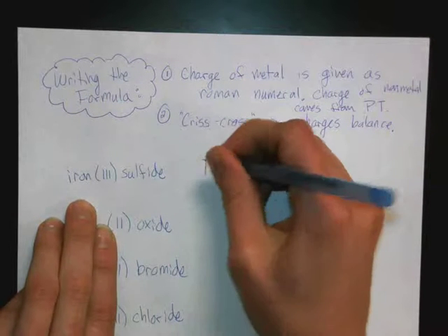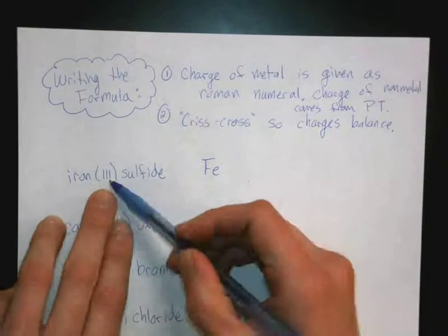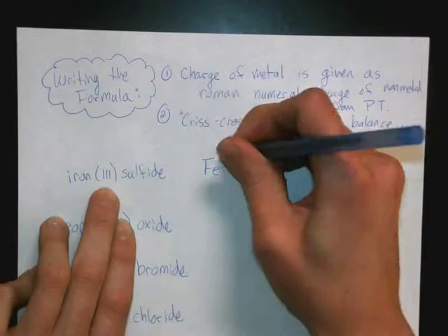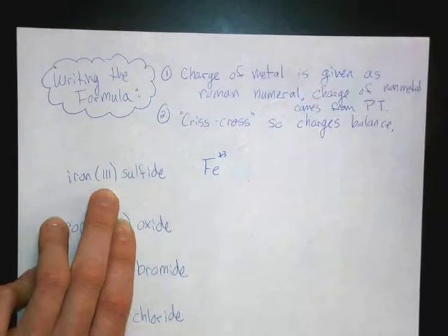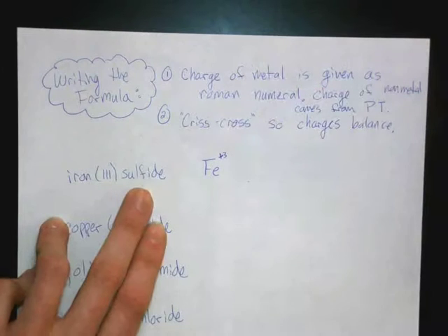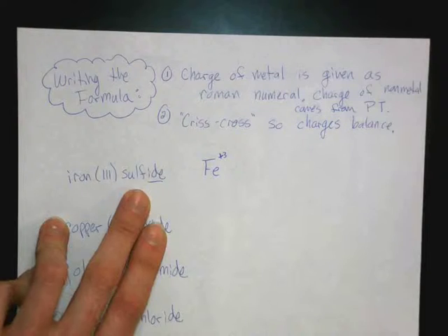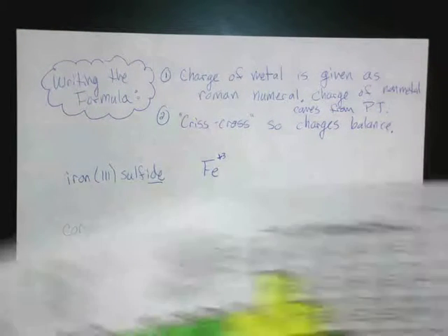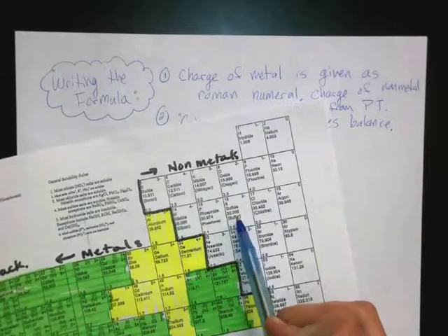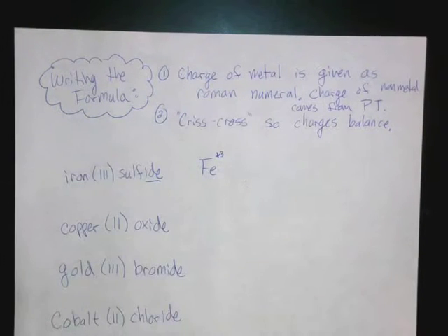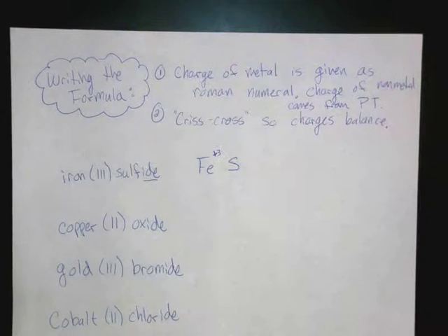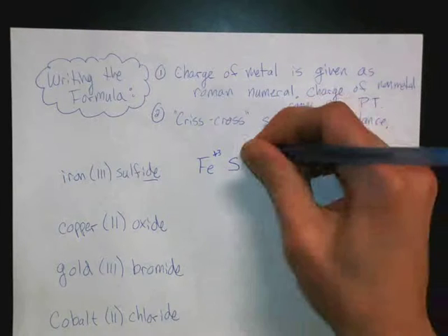So, iron 3 sulfide. Well, iron is Fe. It already tells us the charge is a +3. Sulfide, because it ends in IDE, it's coming off the periodic table to be sulfur. Sulfur would be sulfide. So, this is sulfur.